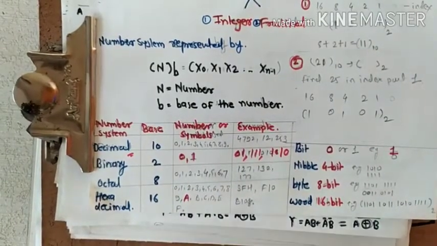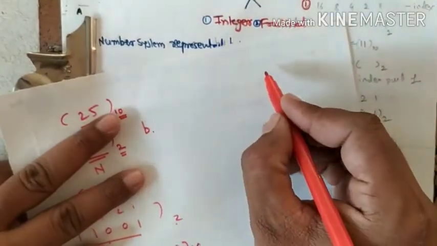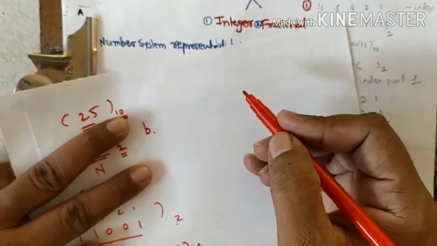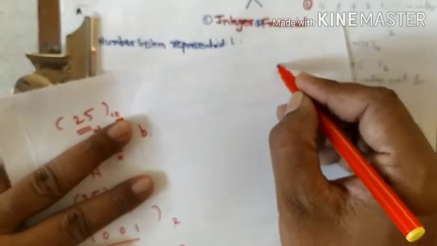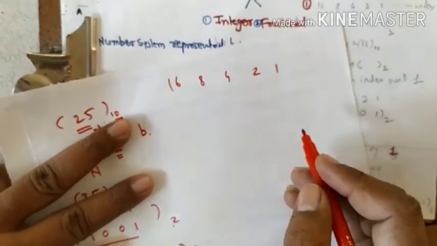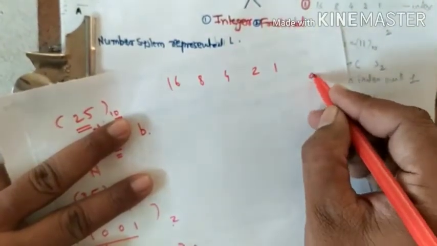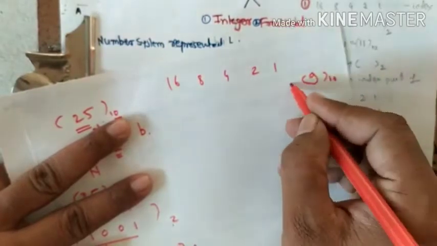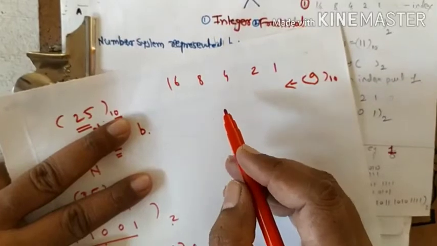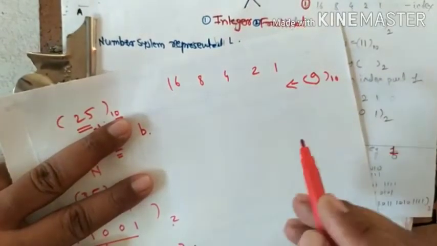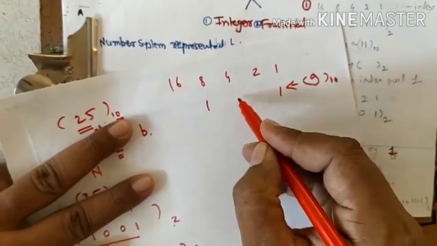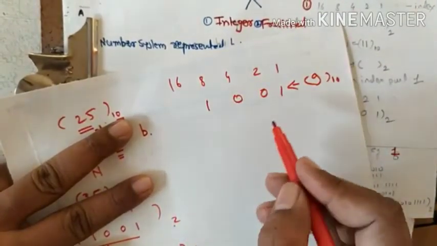Again, I will give one example. When you want to write your decimal number as a binary number, first you have to write down the index 1, 2, 4, 8, 16, up to what we want. If I want to write the number 9 in decimal, I just convert it into binary. You have to put ones and make the combination so that the addition will be 9. So we write 1 here and 1 here, and the other index places we consider as 0.